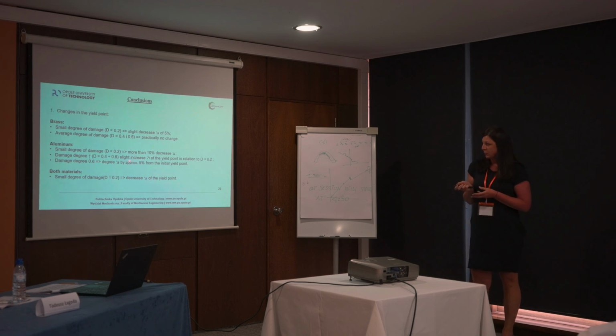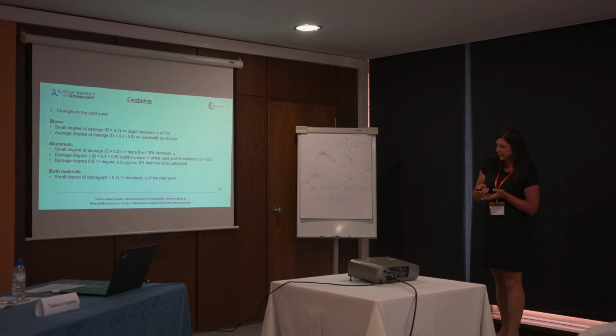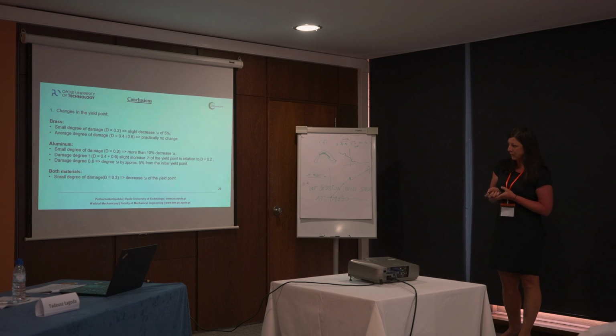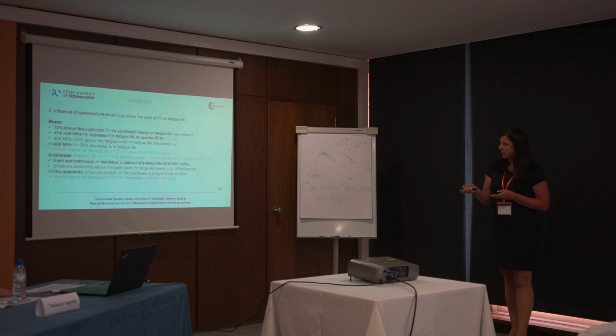With a higher damage degree we can obtain a slight increase of the yield point, and at the damage degree 0.6 we obtain a decrease of about 5% from the initial yield point. And for both materials, a small degree of damage decreases the yield point.